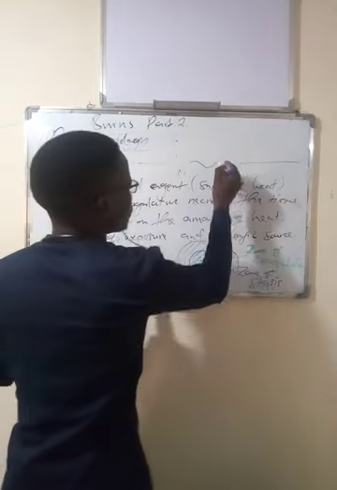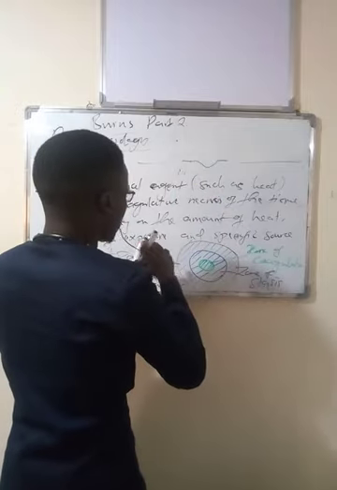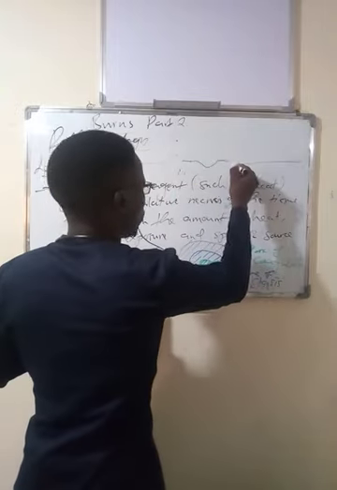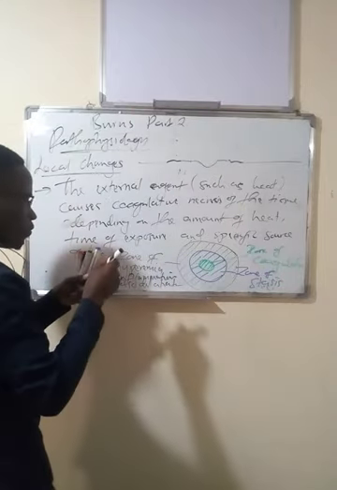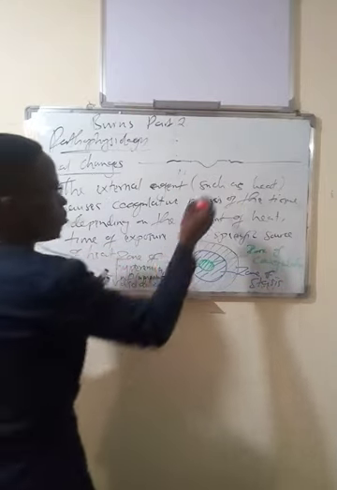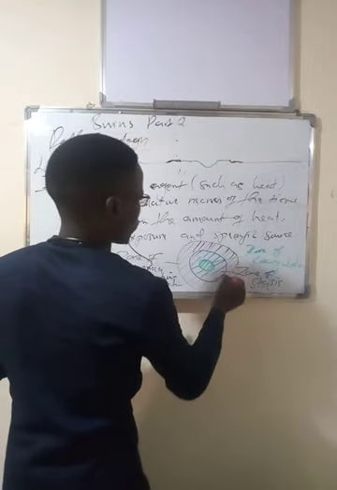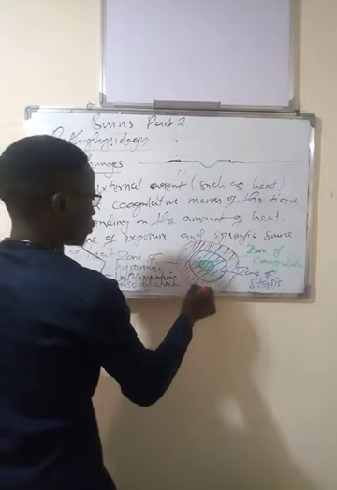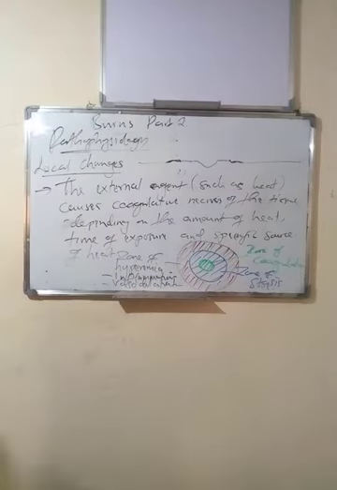Then lastly, we have the zone of hyperemia. Maybe I should have used red for the zone of hyperemia. So the skin around that region is going to look reddish. That's what happens with the local changes.